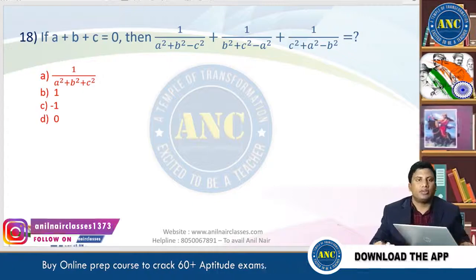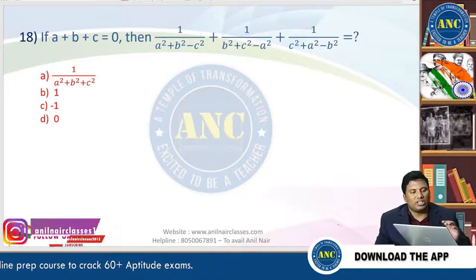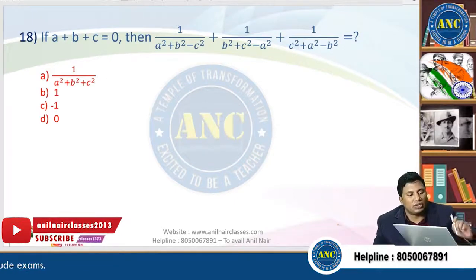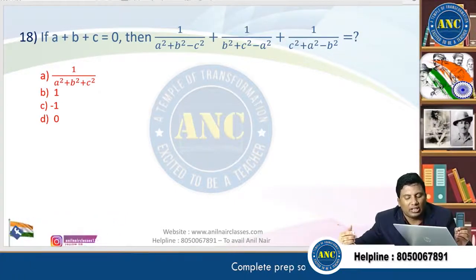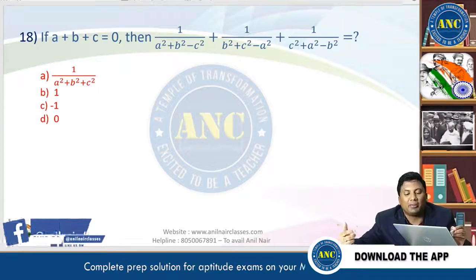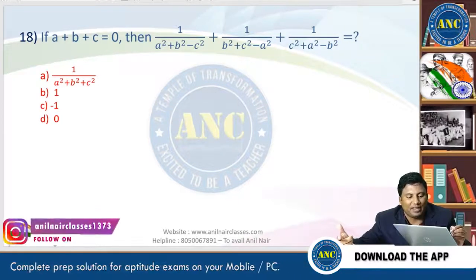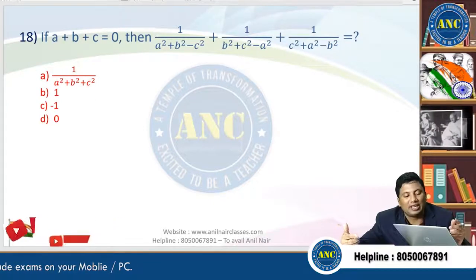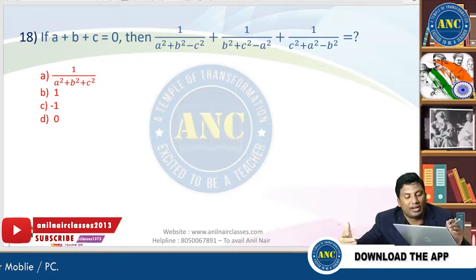Try this question. Now look at this question. What is this question? Question contains variables and answer contains numerical values. But the best thing in this question is, if you observe closely, dependent variable is C. All the questions in the numerical value, it is nothing but a square plus b square minus c square.